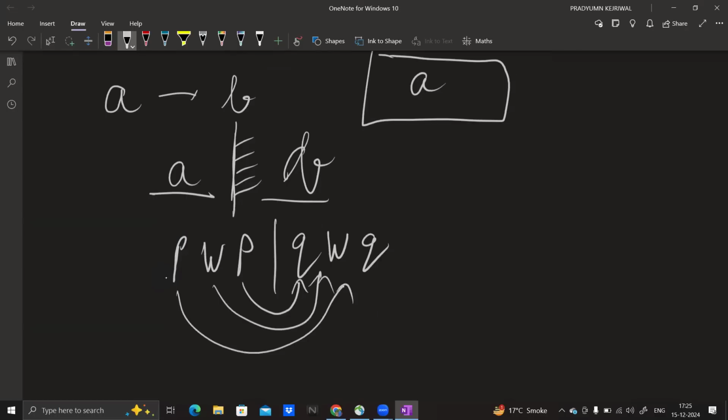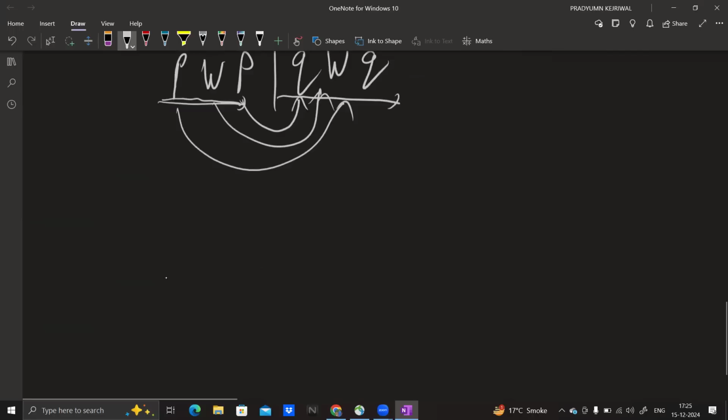You have to just reverse the string. If the string is PWP, then you reverse it, so it becomes PWP.